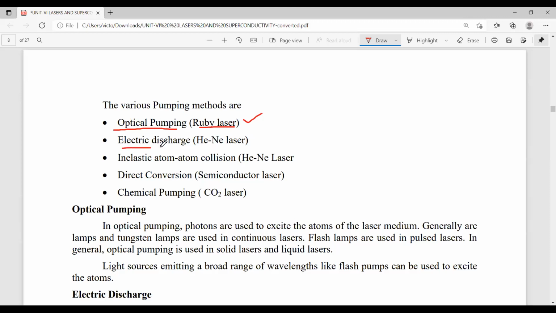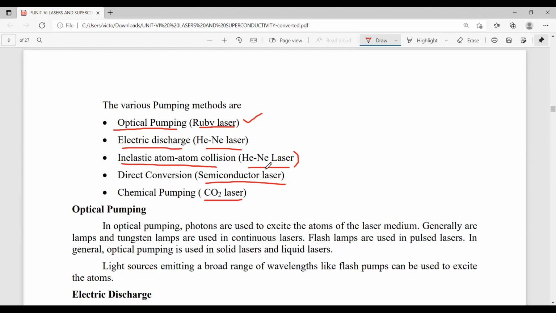The electric discharge pumping method is used in the helium neon laser. Inelastic atom collision is also used in the helium neon laser system. The direct conversion method is used in semiconductor lasers. The chemical pumping method is used in the carbon dioxide laser.